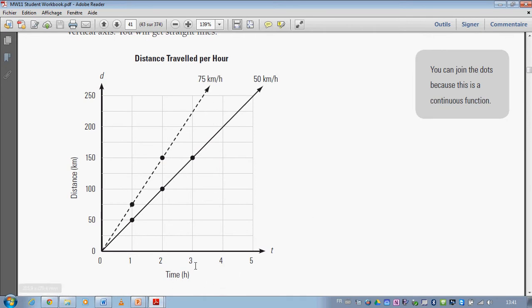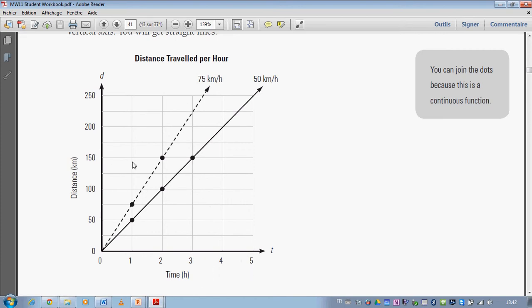Very important for you to be able to identify and understand that this is the independent variable. This is the variable that we control. And then this is the dependent variable. This variable depends upon time. So distance will respond based on how many hours you decide to travel, and not vice versa, right?